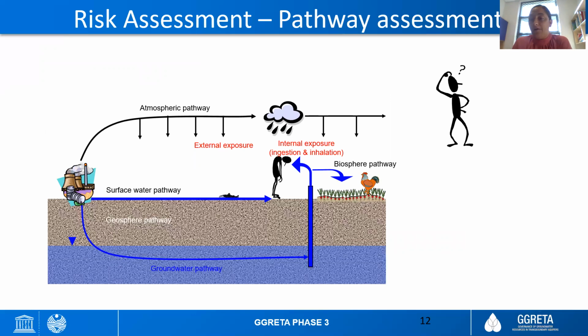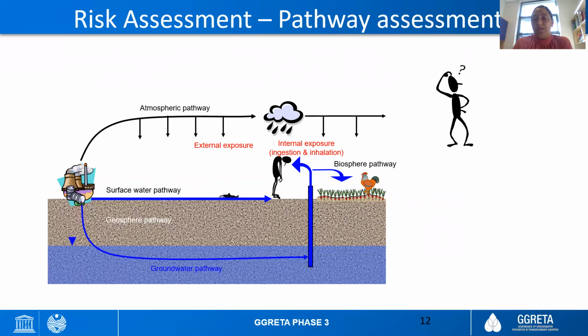So we've seen how the contaminants can enter into our groundwater and surface water systems. We then go further to look at risk assessment, so the pathways in which those contaminants can then reach us again. One would be through atmospheric pathways, and there would be surface water pathways.